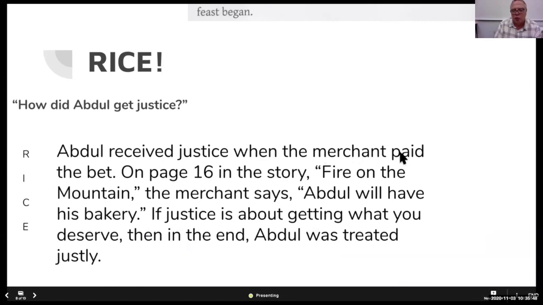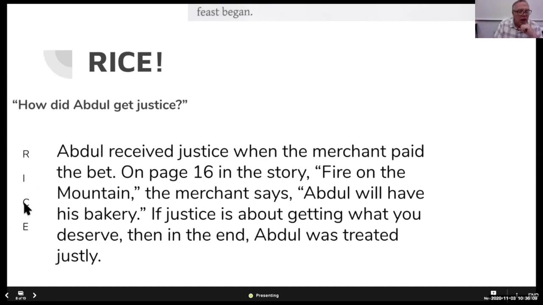There's the R. Then introduce the quote. On page 16 in the story, Fire on the Mountain. There's the I, the first half of this sentence. I'm introducing a quote, telling where it is, telling what the story's name is, the title.